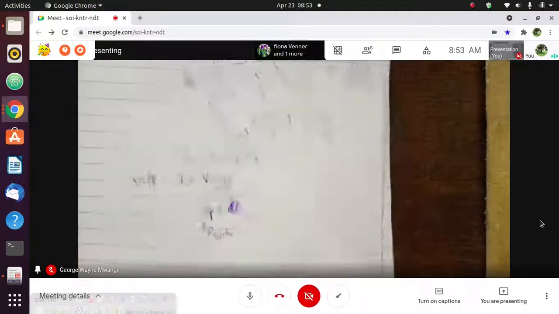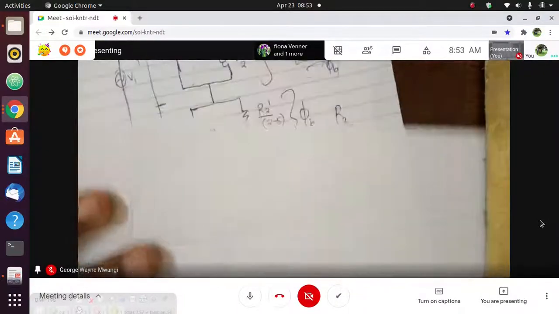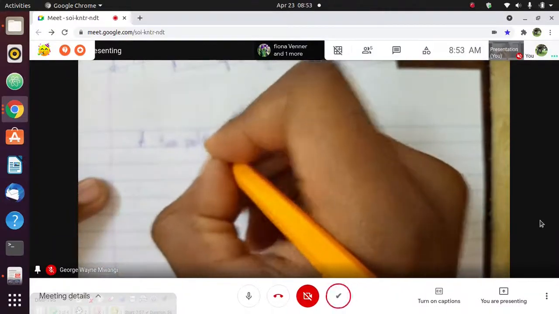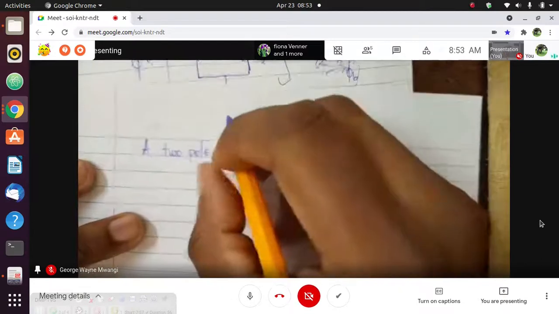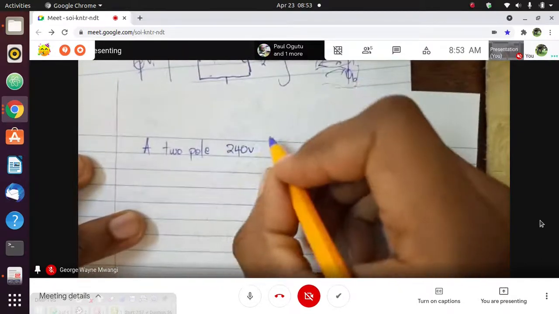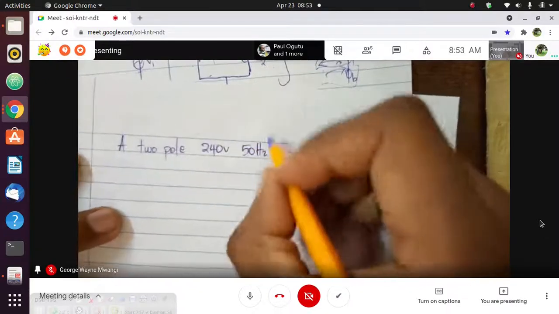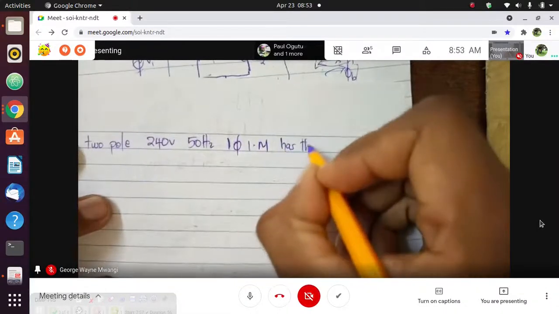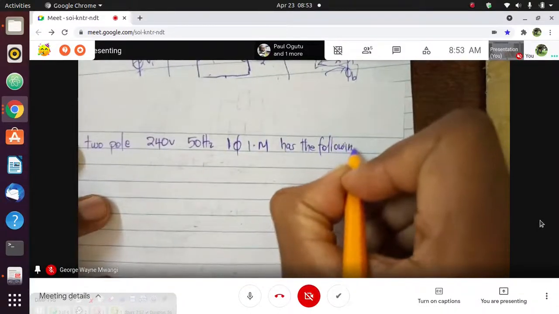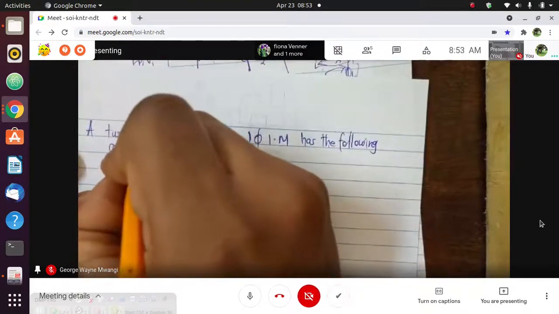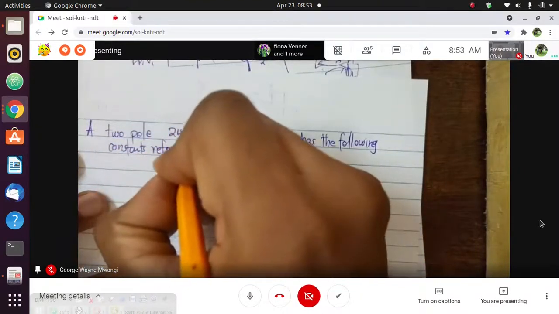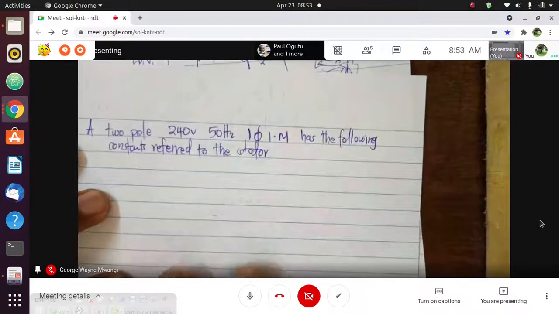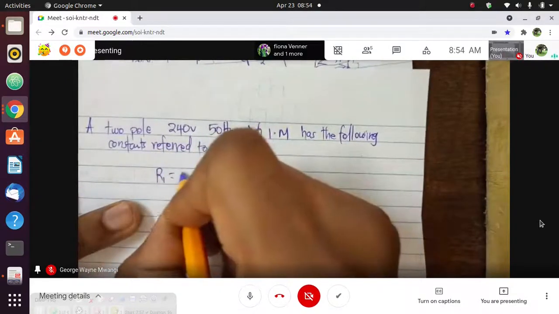Now let us try this example so that we can see. We have been told that a two-pole 240 volt 50 hertz single phase induction motor has the following constants referred to the stator. The value of the stator resistance is 2.2 ohms.